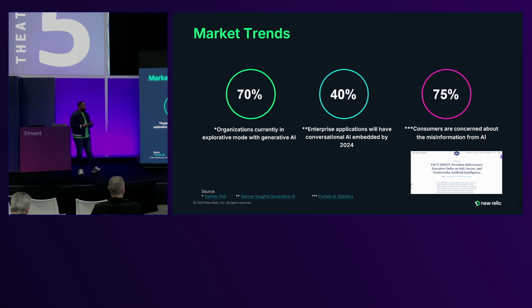So that's a lot of what a lot of developers are going through at the moment, with the idea that over 40% of enterprise apps will have a conversational version of AI embedded before the end of 2024. So they don't have much time, right?